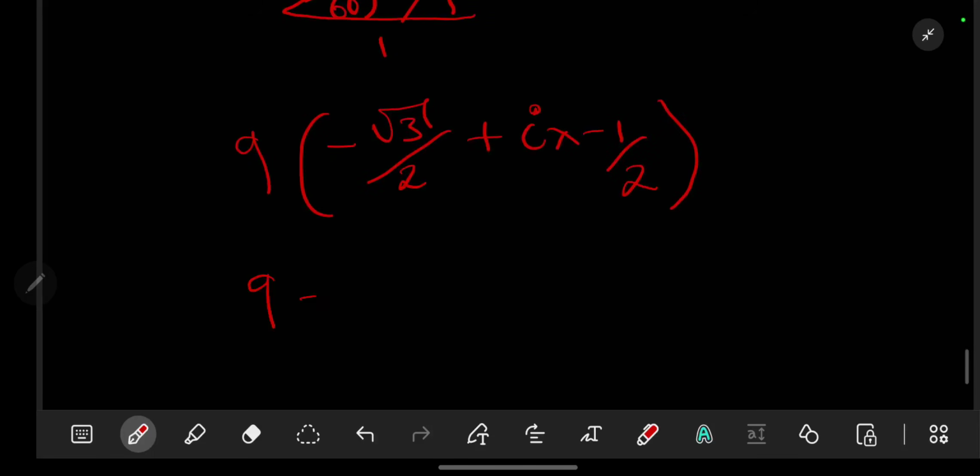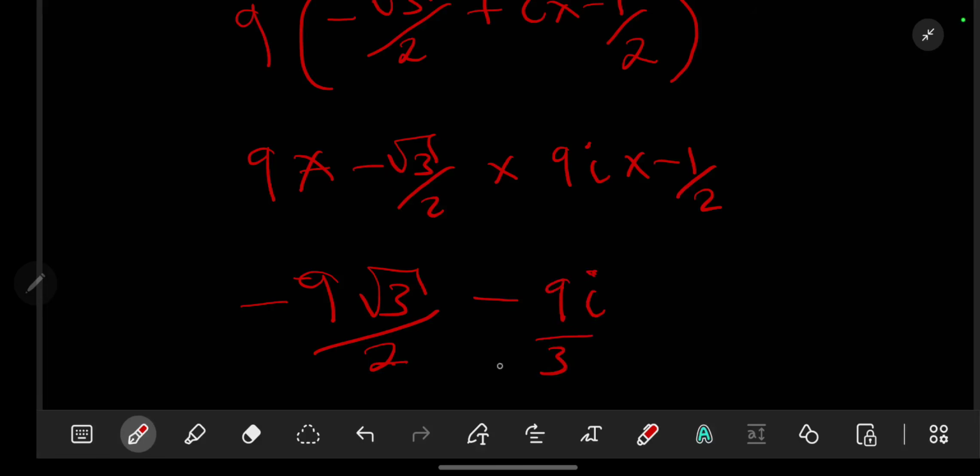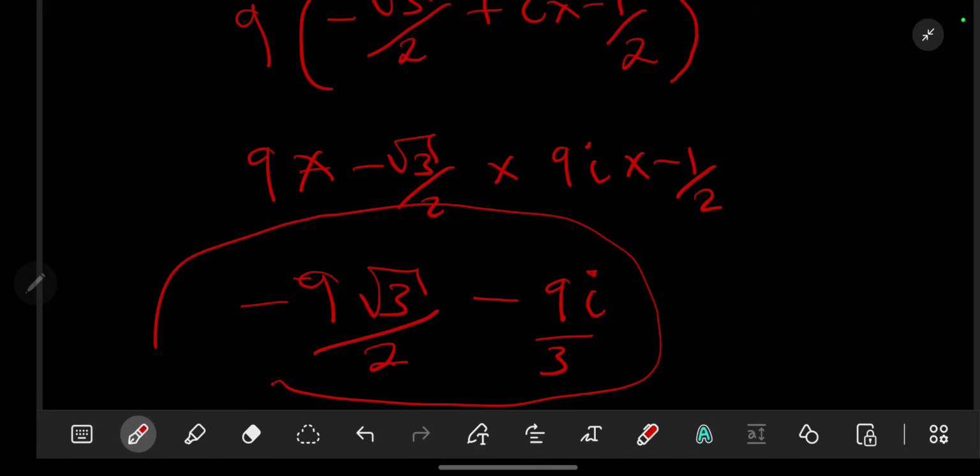So this gives us 9 by our negative root of 3 over 2. 9 is multiplying everything, so it will be by 9i times negative 1 over 2. So the final answer for this would be negative 9 root of 3 over 2. If they told us to simplify, then we have minus our 9i over 2, like that. So this could be our answer for that.